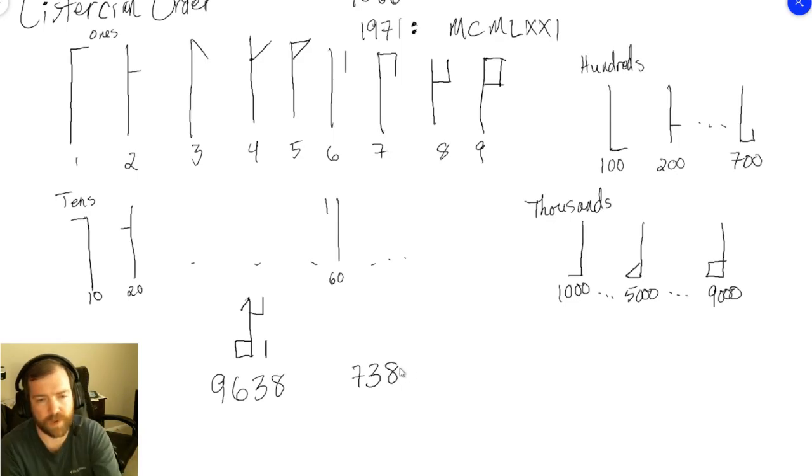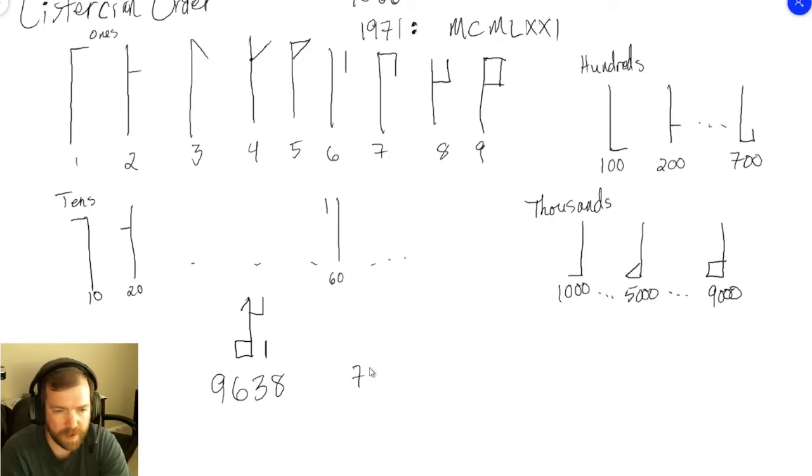7,380. What? Let's do numbers I haven't done before. 7,500 and what numbers haven't I used? 20. 1, 2, 3, 4.